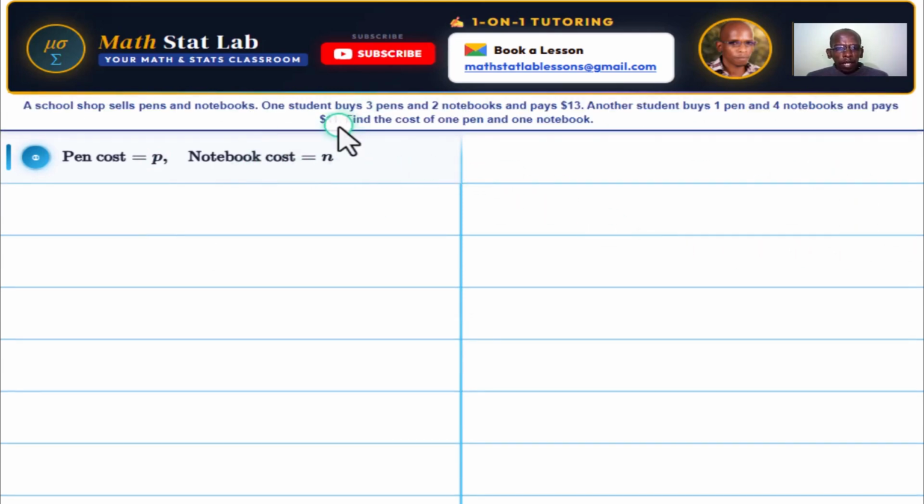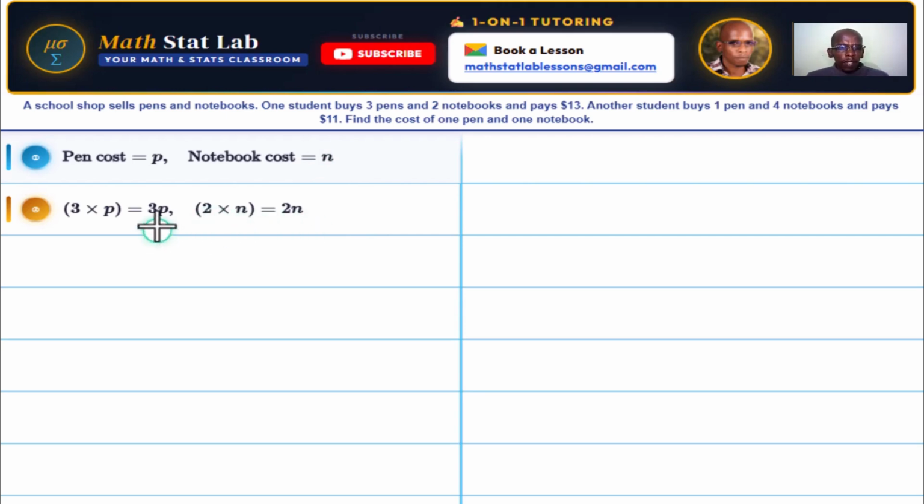I see from the question we are told 1 student buys 3 pens and 2 notebooks, meaning if the cost of 1 pen is P but he bought 3, then the total cost of those 3 pens would be 3 multiplied by P, which is 3P. And then he bought 2 notebooks, meaning if the cost of 1 notebook is N but he bought 2, then the total cost for those notebooks would be 2 multiplied by N, which is 2N.